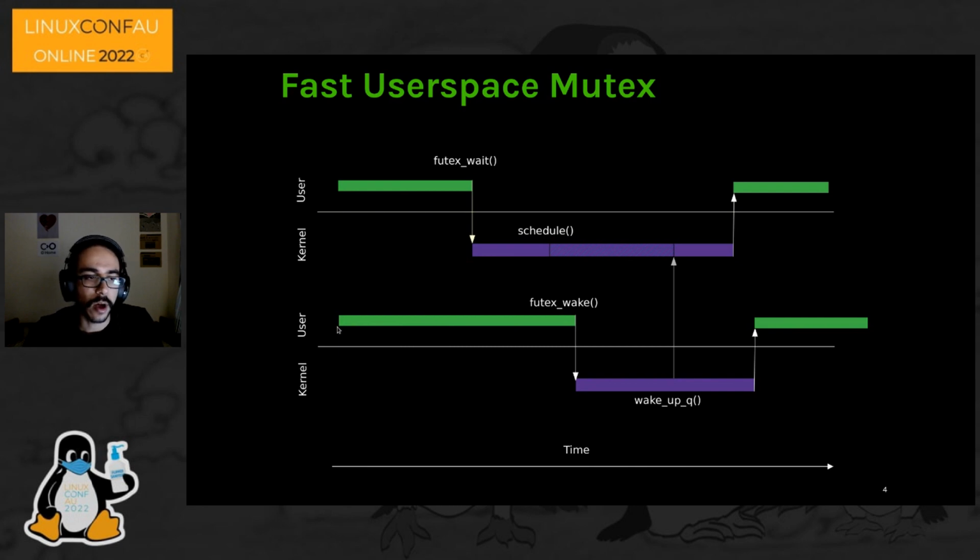Then in the meanwhile, this thread here tries to get the lock, but the lock is taken, so it needs to sleep. So what pthread does here is issue a futex wait call. You wait on a user space address, which is kind of the ID of the mutex.